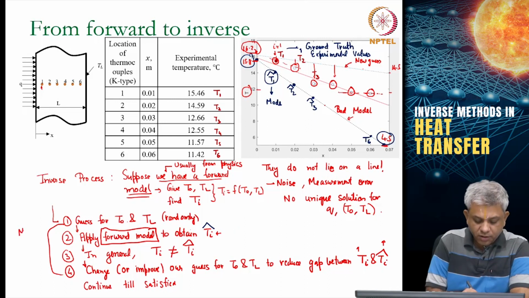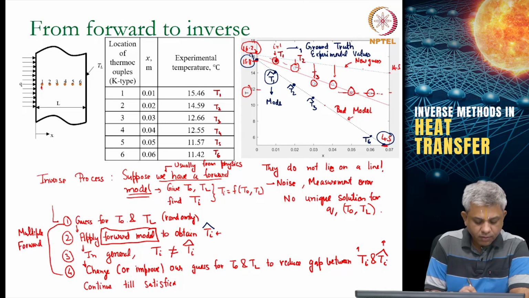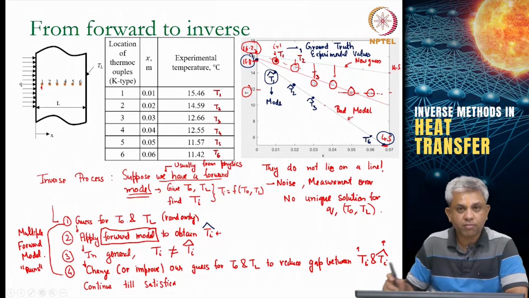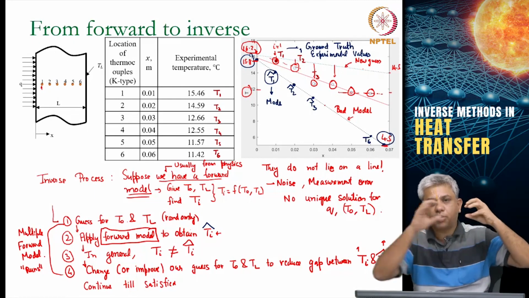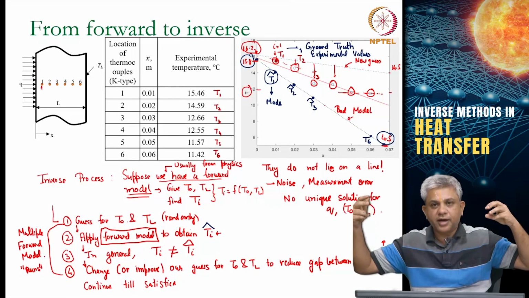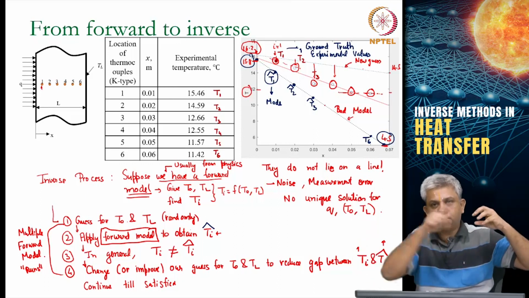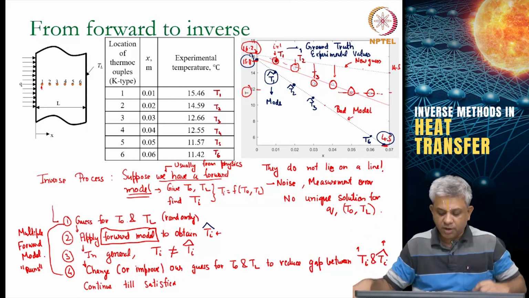So, multiple forward model runs, as if it is a computer program. You make a guess and a computer program gives you a forward model, get a Ti hat, improve, keep on running it multiple times.